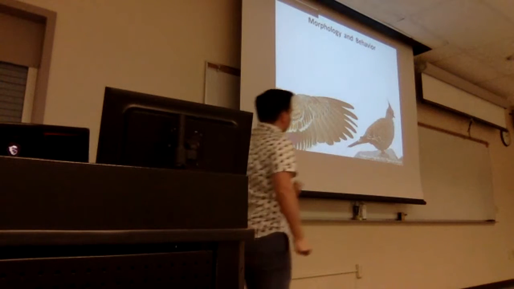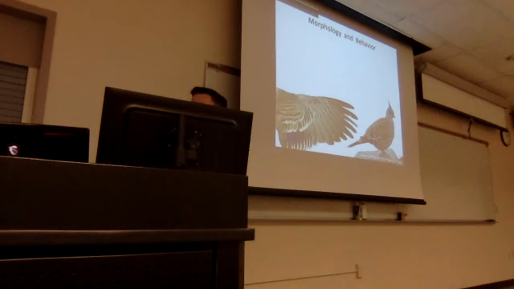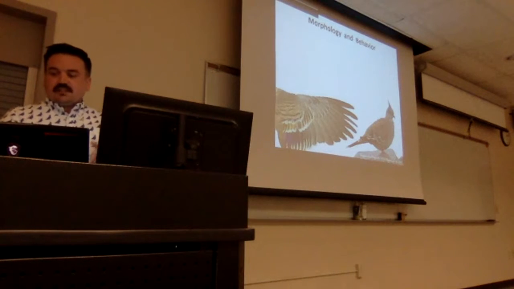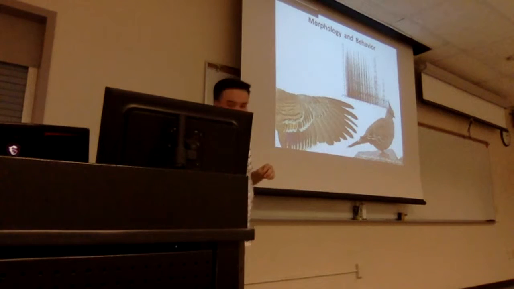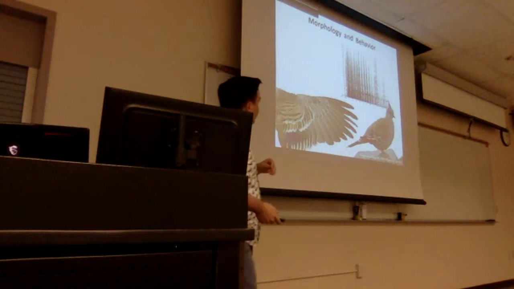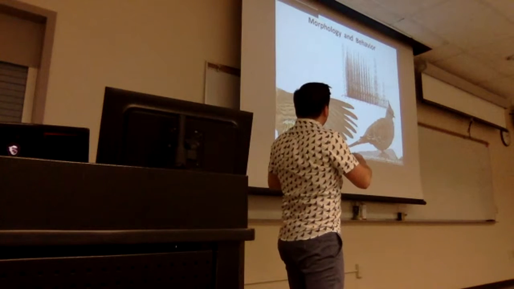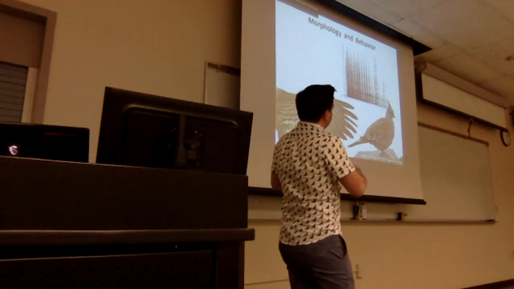Similarly, in things like the crested pigeon, we see these birds produce some interesting wing sounds when they fly. So here's a spectrogram. This is a way to visualize a sound. We have time here on the x-axis and the frequency or the pitch of the sound on the y-axis.